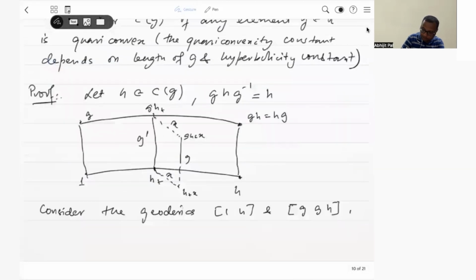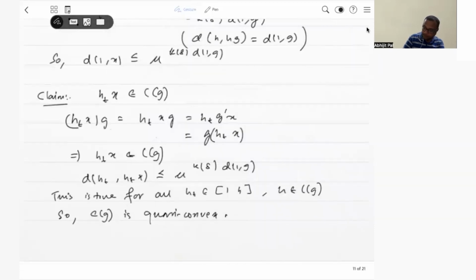So the distance between h_t and g h_t is less than or equal to K delta times the maximum of the distance between 1 and g and the distance between h and gh, and the distance between h_t and g h_t is equal to the distance between 1 and g'.